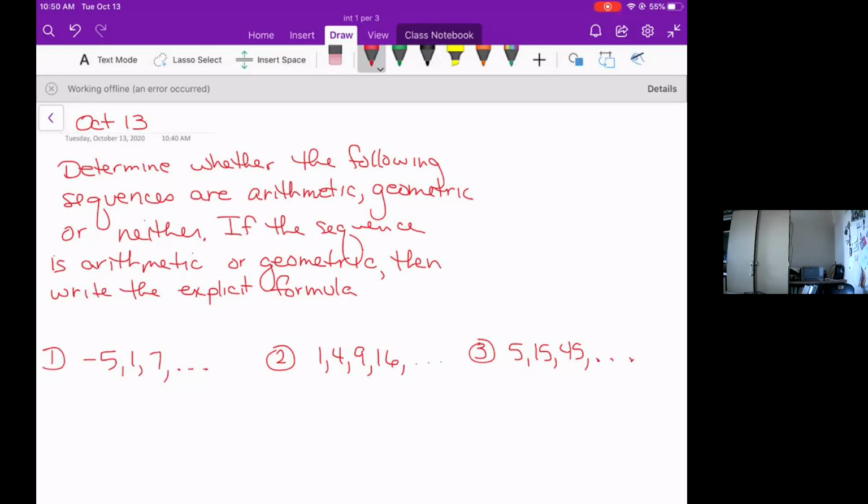Ready, Hayden? Okay, so you got the first, so this would just be n, because I didn't tell you to find a certain term number. So you just use n. Okay, you're close.